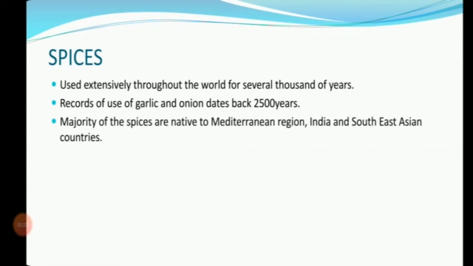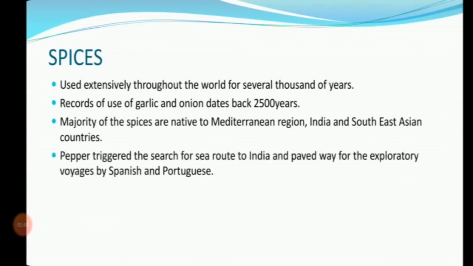Majority of the spices are native to the Mediterranean region, India, and Southeast Asian countries. Pepper triggered the search for a sea route to India and paved the way for exploratory voyages by the Spanish and Portuguese.